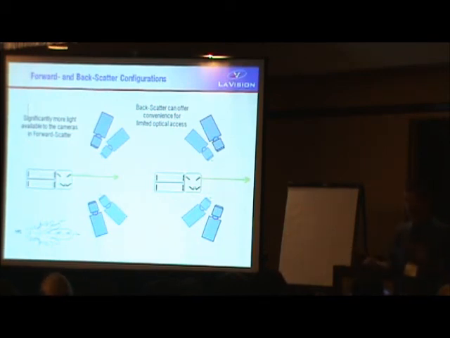So there's more light available to your cameras. The more light that you have, the more particles you can detect in your particle field. So if possible, if you can set your system up in a forward scatter direction, so all cameras are capturing forward scatter light, you can measure in large volumes with the same laser energy density.